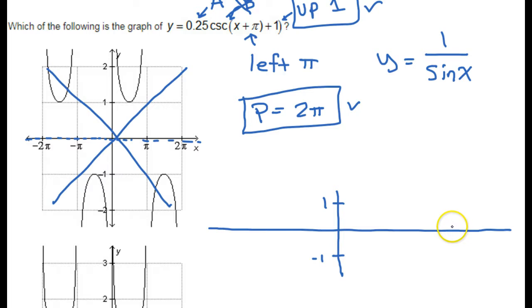Okay, so period of 2 pi. So this will be 2 pi, and over here I will have negative 2 pi. So that makes this pi, and this will be negative pi. And I will put additional guide marks in between.